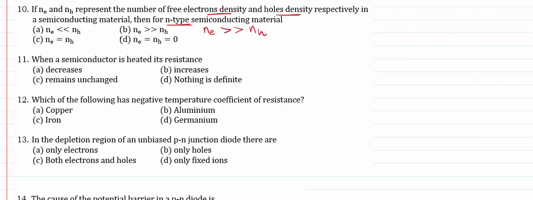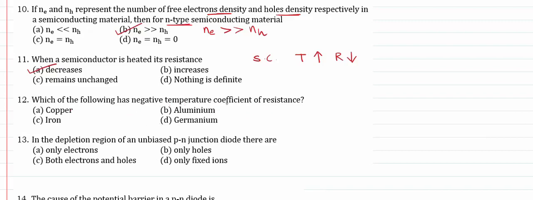So if you check the option, B is the answer. 11th, when a semiconductor is heated, its resistance. So in semiconductor, as the temperature increases, resistance decreases. So when it is heated, its resistance decreases.